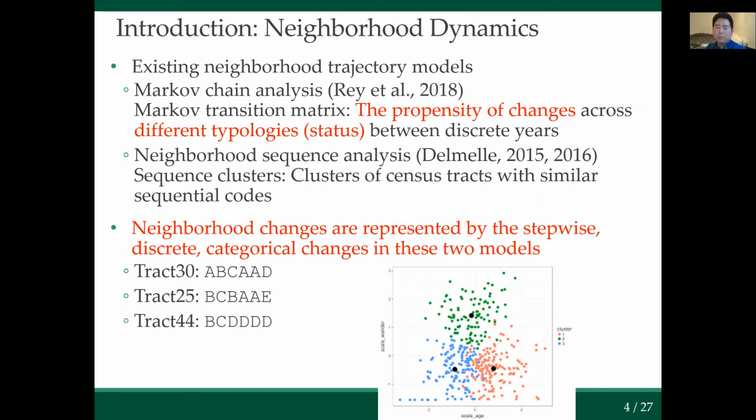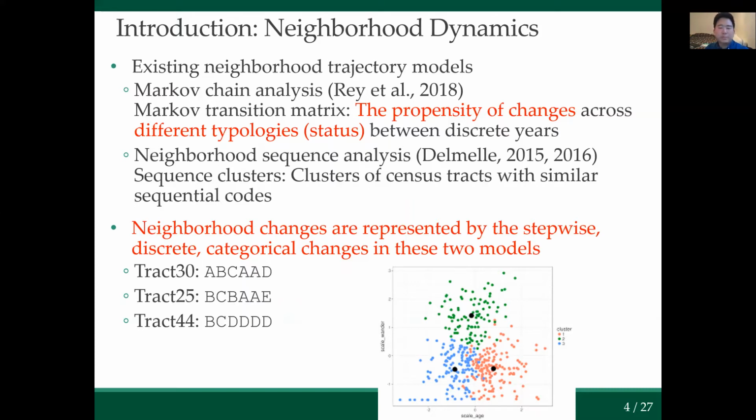For example, all panel data are pooled together and each year's tract is classified based on the similarity of neighborhood attributes. Let's see tract 30.